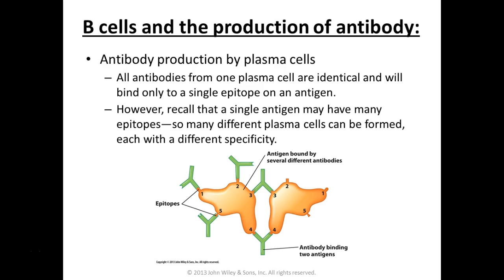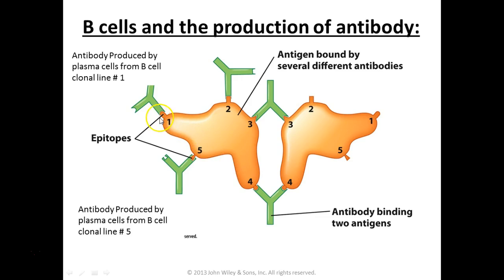So antigens, especially proteins, are made up of thousands of different amino acids arranged in different configurations. So you have differences throughout this molecule, and they're denoting that here by numbers 1, 2, 3, 4, and 5. These are all different configurations of amino acids that different antibodies are recognizing. Make sense? So a single antibody can only recognize a single epitope.